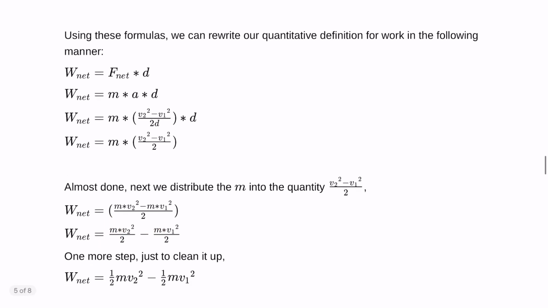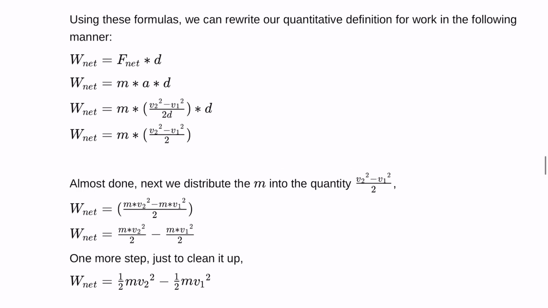So one more step just to clean this up, we can rewrite these two ratios as 1/2 mv squared, because the whole thing is divided by 2 in the first place. So now we have this final cleaned up equation that says our work is equal to 1/2 mv2 squared minus 1/2 mv1 squared, okay?